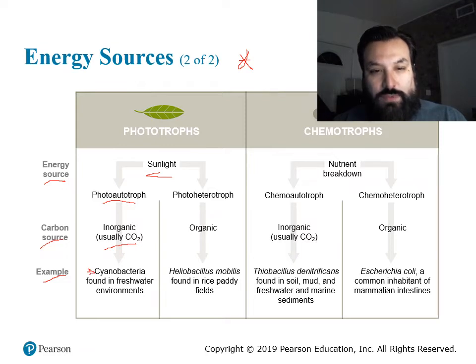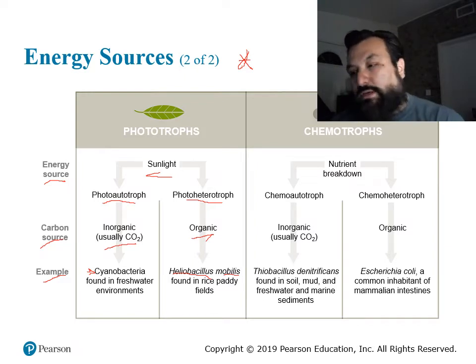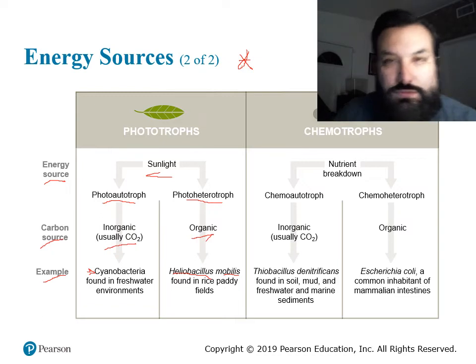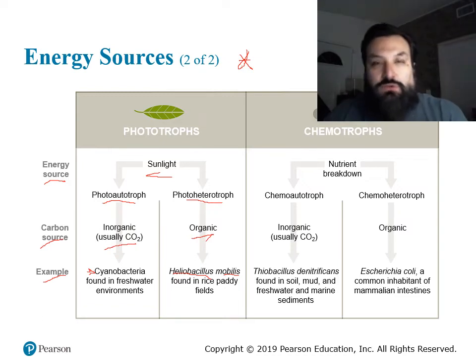We call these blue-green bacteria, usually found in fresh water. They use light energy, and their carbon source is carbon dioxide. If you're a photoheterotroph, you use light energy from the sun, but your carbon source is organic. For example, Heliobacillus mobilis is a bacterium you find in water that uses light energy but also breaks down organic molecules for growth.